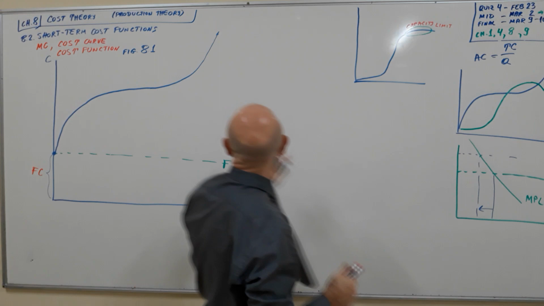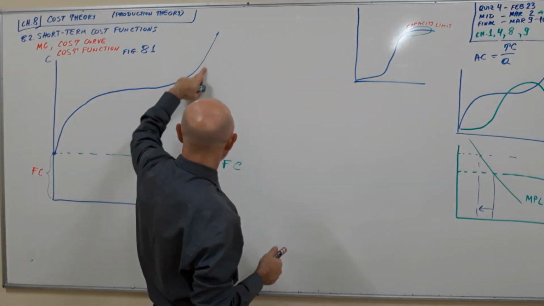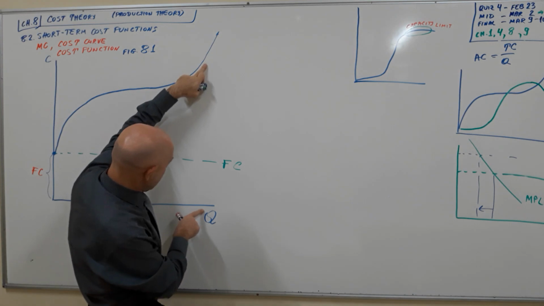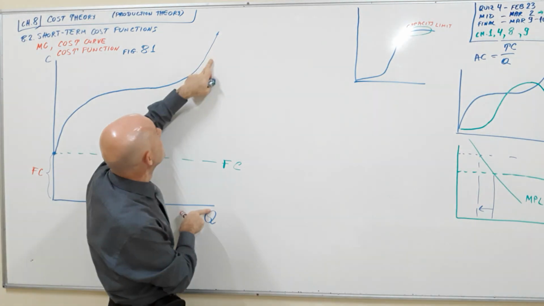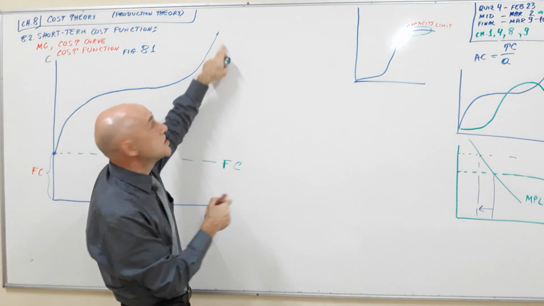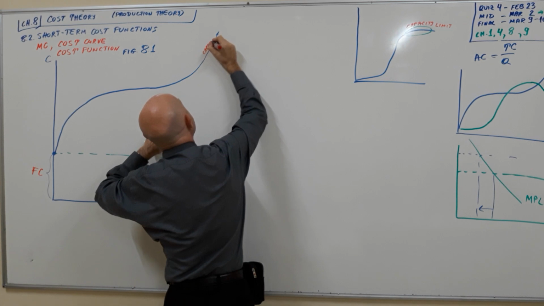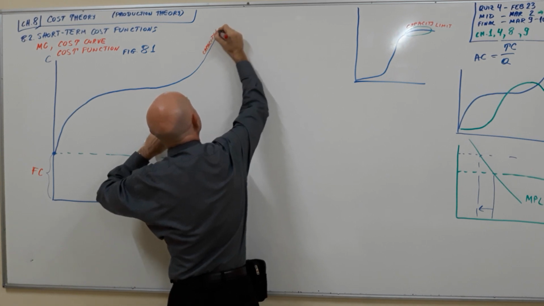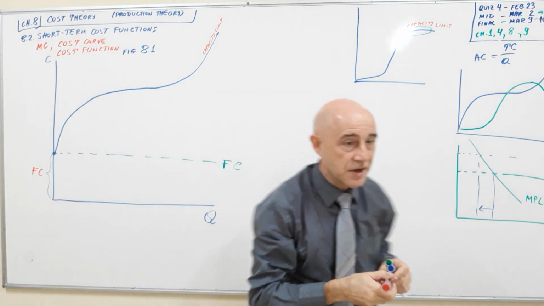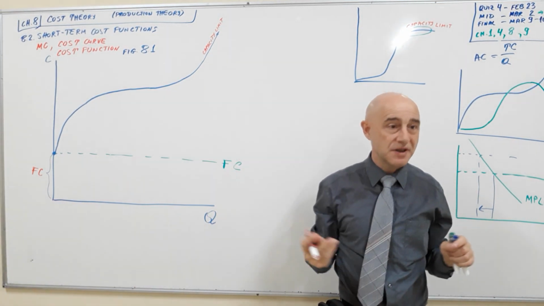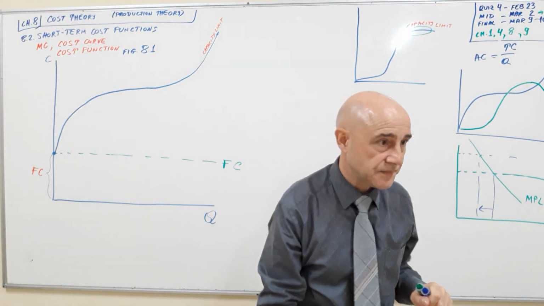Alright, going back to this place. Here, you're hitting the capacity limit. You cannot grow a lot, the output, but the cost goes sky high. So here, you're right. Capacity limits. Okay, capacity limit.